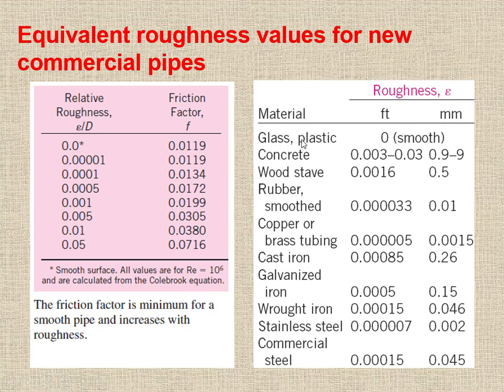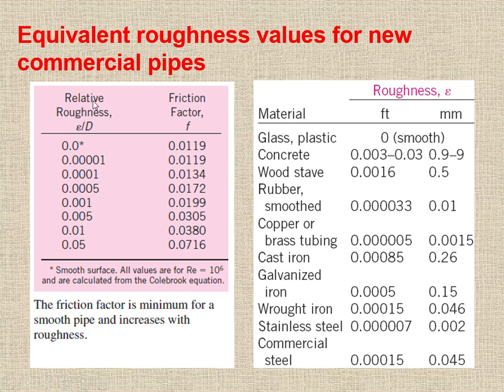Here you see there are different types of piping material: glass, plastic, concrete, wood stave, rubber, smooth copper or brass tubing, cast iron, because these are the materials we normally use to make a pipe. Here is the roughness in feet, and here is the roughness in millimeter.